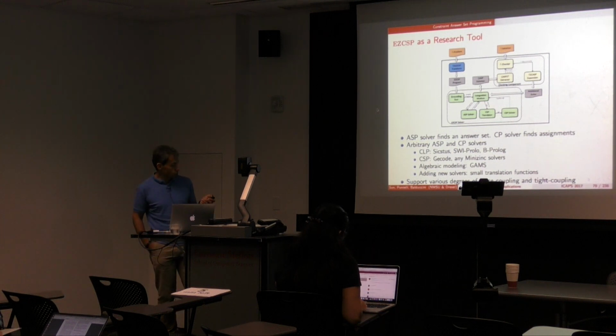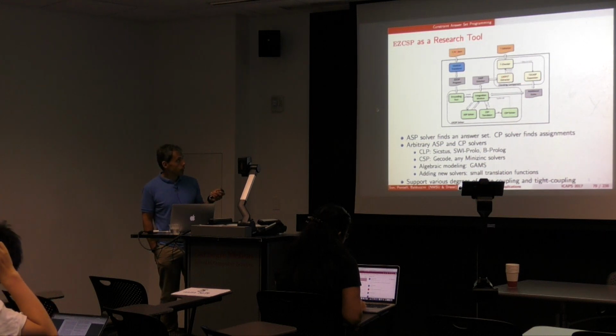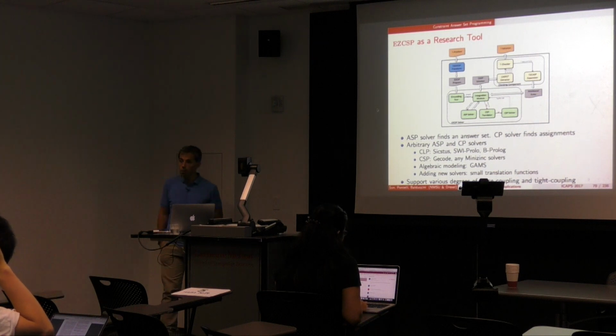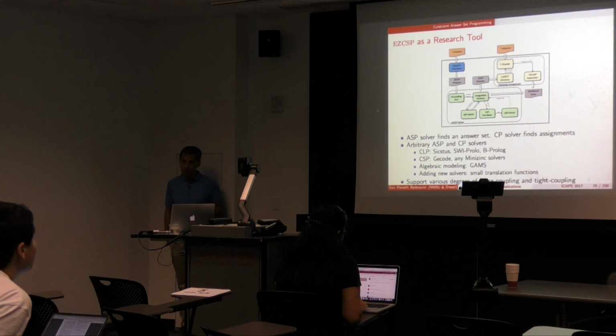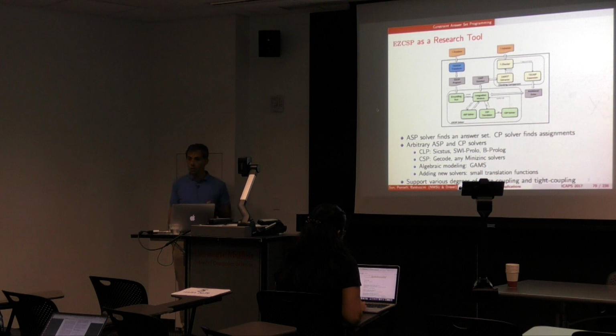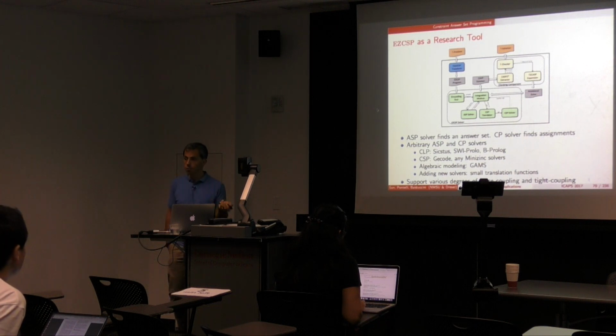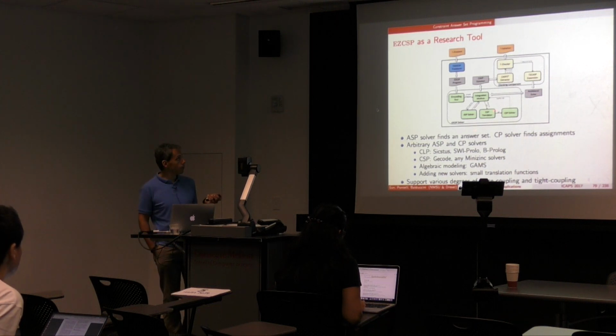So the diagram is shown here. I'm definitely not going to go into the details, but the idea is this system takes an input, some problem specified either directly in EZCSP or in some other language. For example, PDDL+. We have a way to take a PDDL+ specification and turn it into an EZCSP program.